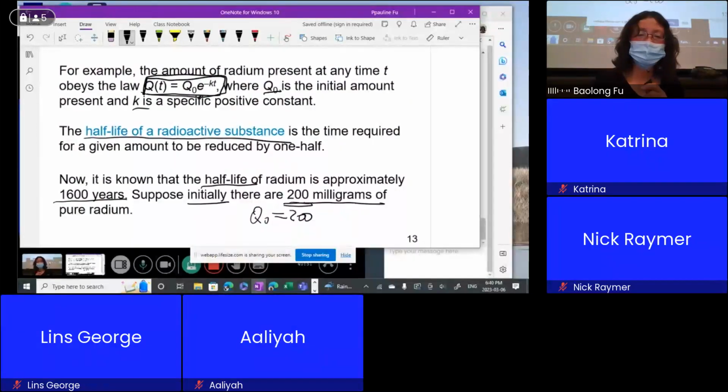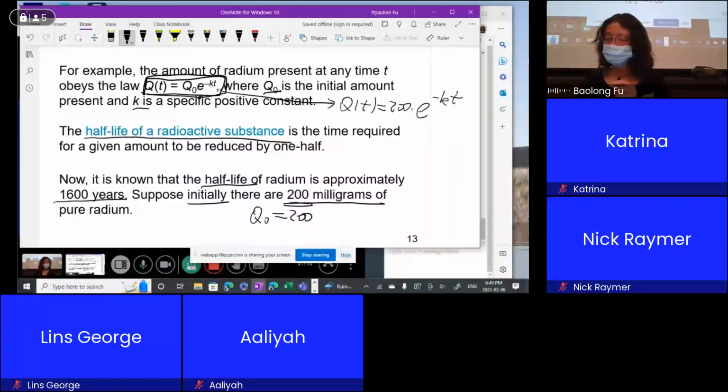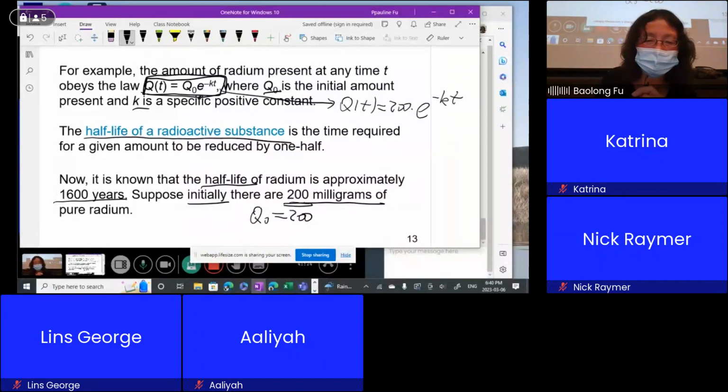So this expression becomes Q(t) equal to 200 times e raised to power negative kt. And now, the half-life is 1600 years.